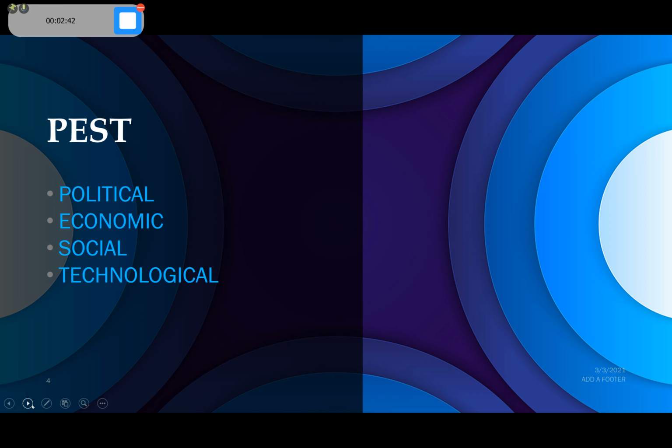So in the next slides, you can see I've basically just got a slide that gives us a breakdown for each of the different acronyms. So as I said, PEST stands for political, economic, social and technological. And what you're doing is you're thinking about what are the political factors that might be impacting on my business. It will vary depending on where you are in the world. It will vary depending on what type of organisation you're working for.